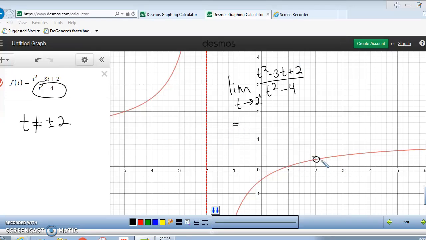Let's start with the negative side. As we get very, very close to t equal to 2, it seems like we're at about 1/4.